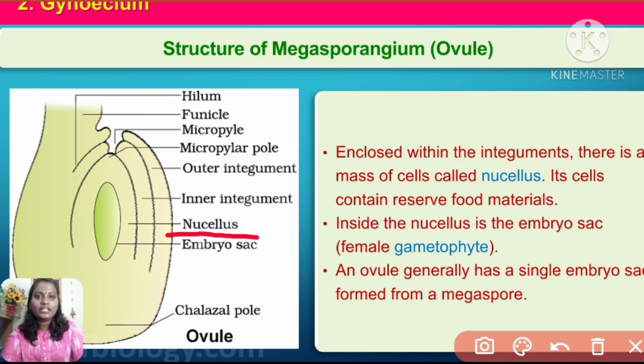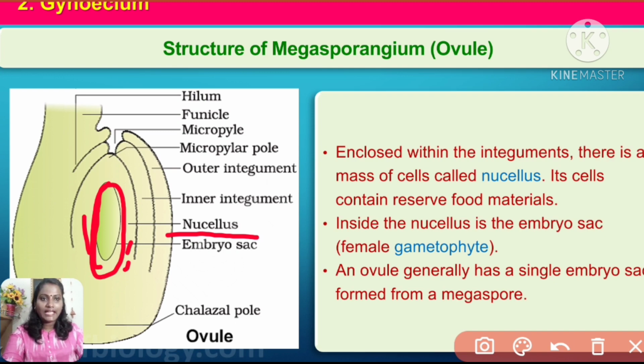These nucellus cells are basically protective in nature. Then inside the nucellus is the embryo sac, which we call the female gametophyte. An ovule generally has a single embryo sac, formed from the megaspore.